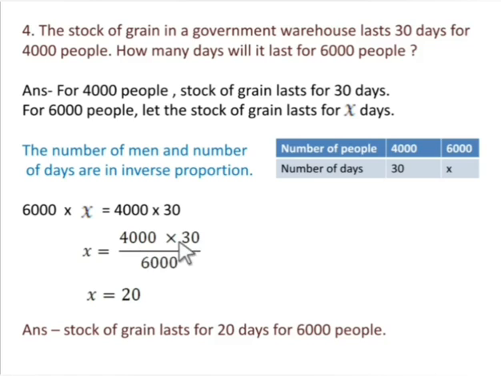Here there is 4 and here it is 5. So you will get the final answer as 20. Now the stock of grain lasts for 20 days for 6,000 people. So in these examples we have seen that as one quantity increases, the other decreases and vice versa. Children, you all have to complete your copies till here. Thank you.